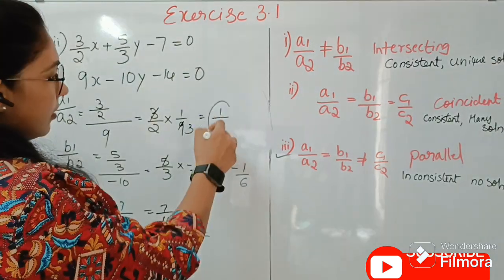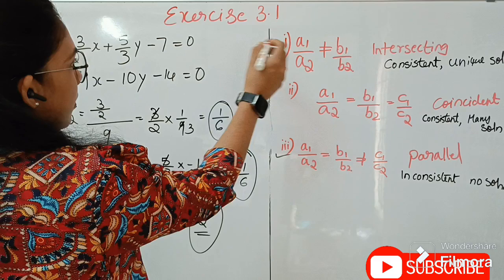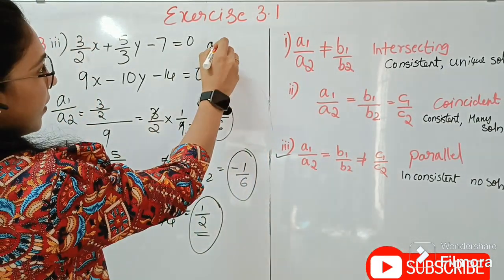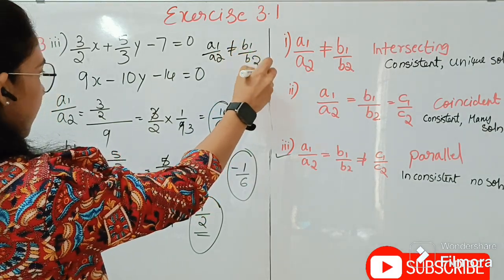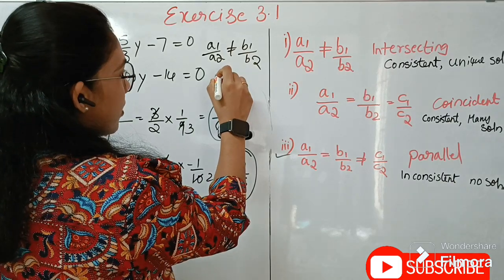Every ratio is different. That is, the first relationship is satisfied, that is, a1/a2 is not equal to b1/b2. So what is the relation?